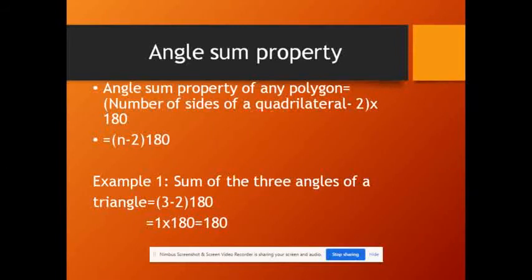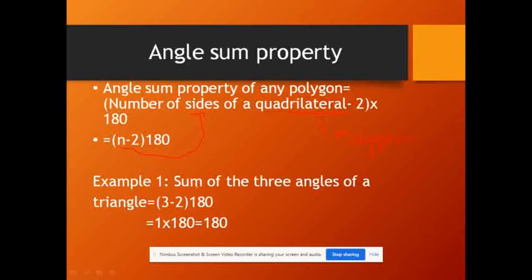So it is not applicable only for a triangle. Instead of that, we apply it to polygons because all come under polygon. So when a triangle comes, we can write it is a polygon. Okay. So n represents the number of sides of a given shape and 180 is the angle.